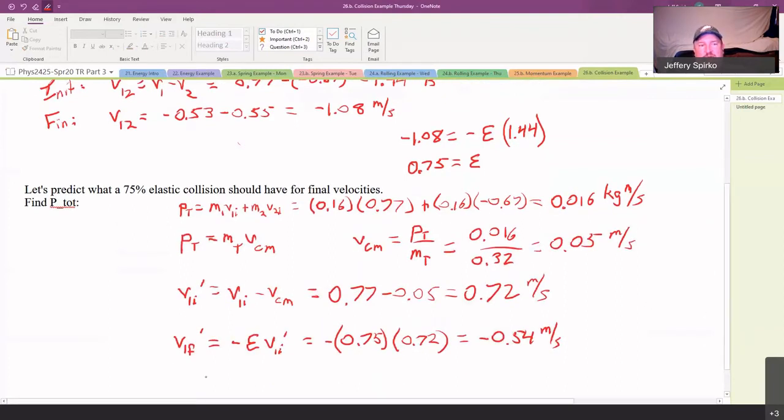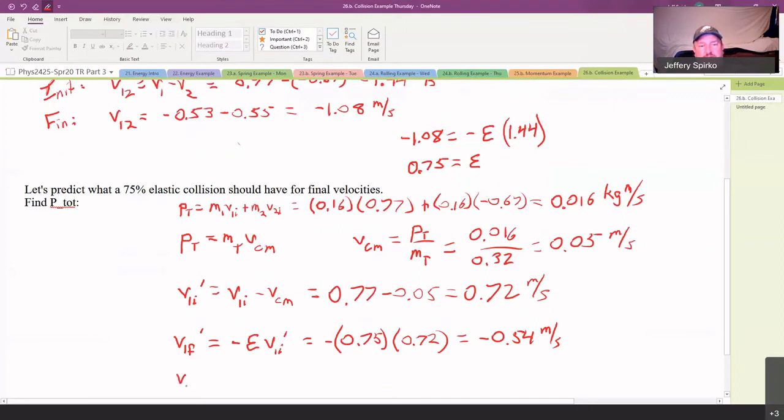So in this step, we converted from a regular velocity, 0.77, to a primed relative velocity, or a velocity relative to the center of mass. We have to convert back now because this is a primed relative velocity.